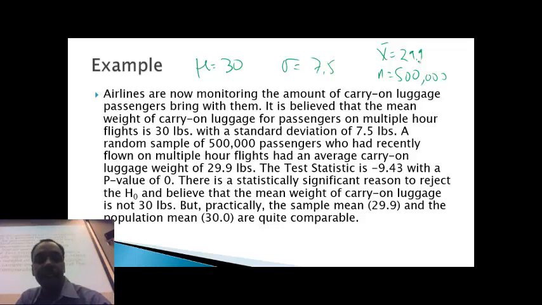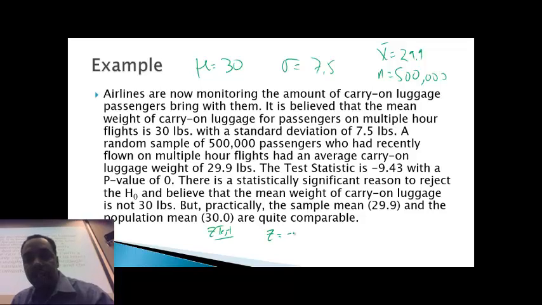So anyway, what you could do on your calculator is verify this under Z-test. You plug in all this information and you'll get the Z of negative 9.43. You get a p-value of approximately 0.